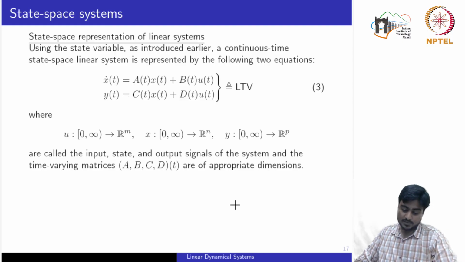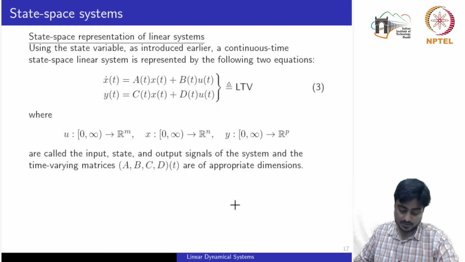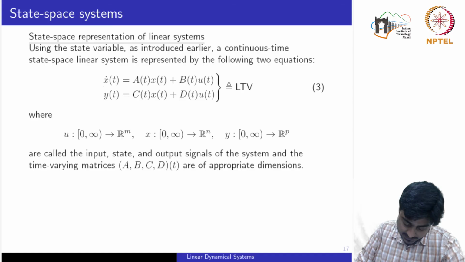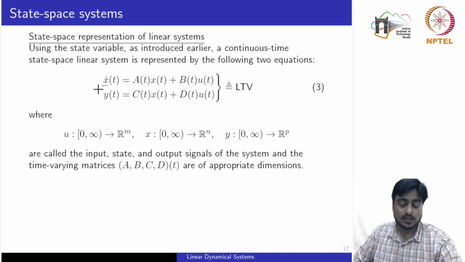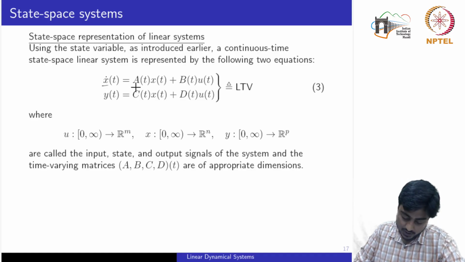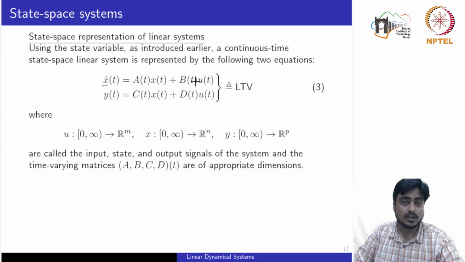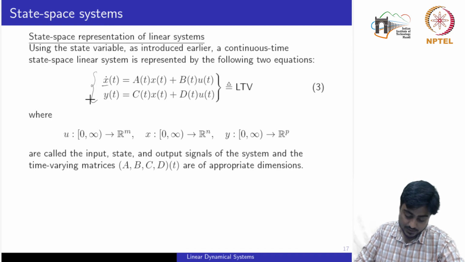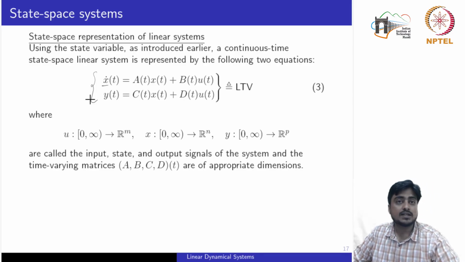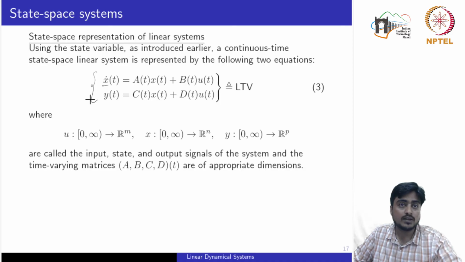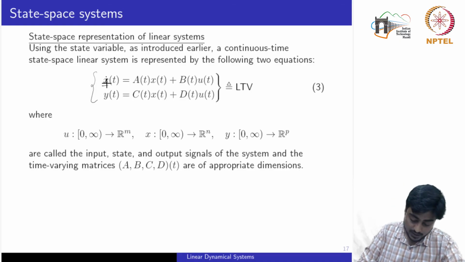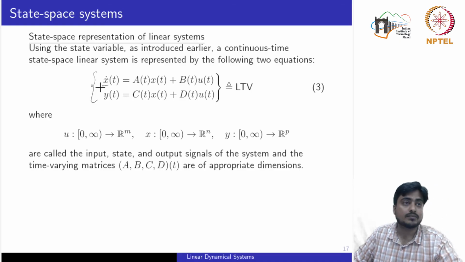So this state space representation we would be using for linear systems, where we introduce x, which is our state variable, by x dot equals A(t) x(t) plus B(t) u(t). The interesting thing about this state space representation is that given any higher order differential equation in terms of u and y, you can parameterize that higher order differential equation into this first order differential equation by introducing the notion of the state x.